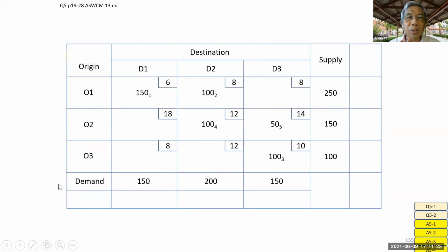So the next thing we have to find, what do we call? Auxiliary index, U and V. We are going to find U for row 1, row 2, row 3, and then V for column 1, column 2, column 3. So what do we do? Look at the basic cells.